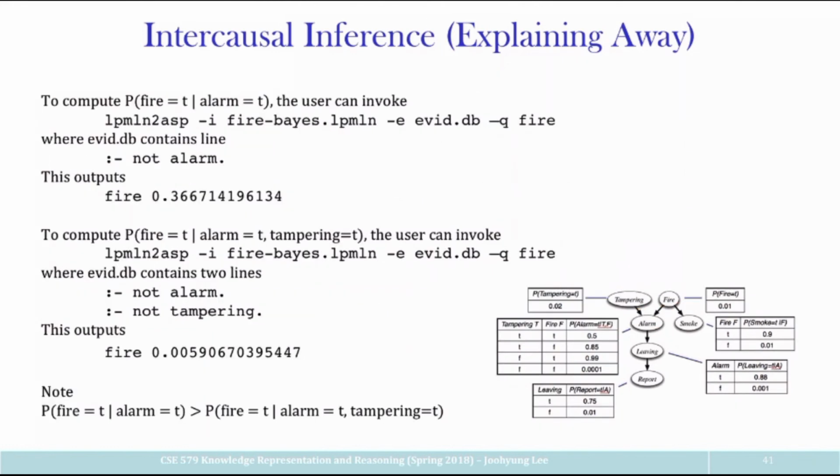This is the output. If you compute without knowing whether tampering is true or false, but you know the alarm is true, and you ask the probability of fire, you will get a 36% chance of fire. But now, in addition, you know that tampering is true, then the probability of fire goes down because probably it was the tampering that caused this alarm.